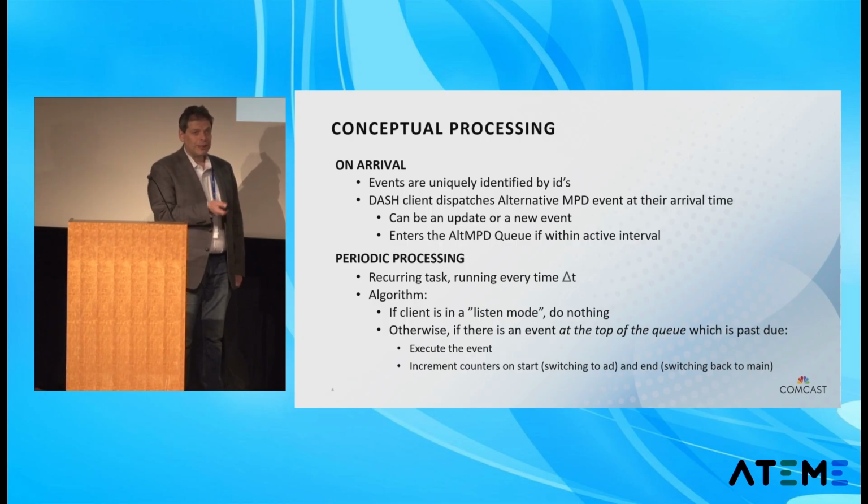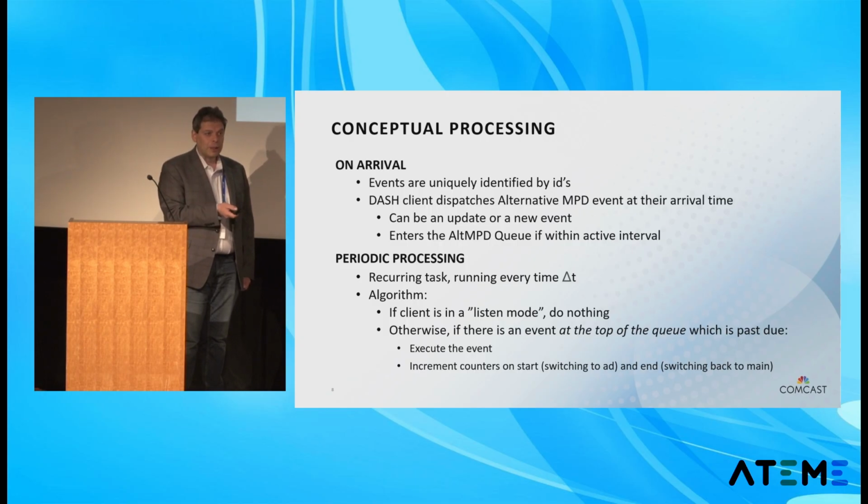If you are either playing back the main representation or you just came back from the previous event, you go and take the topmost event from the queue, so the most recent one, and execute this event, and go on. Once you're back from listen mode, you get the nearest top event, and if you don't have anything that is past due or sufficiently close, you go back to playing main.